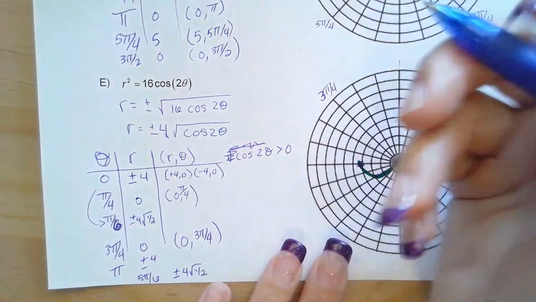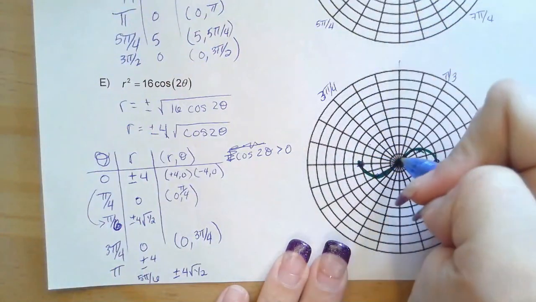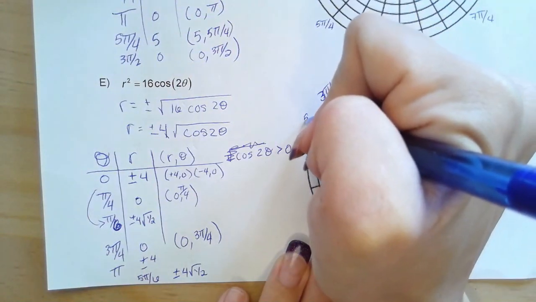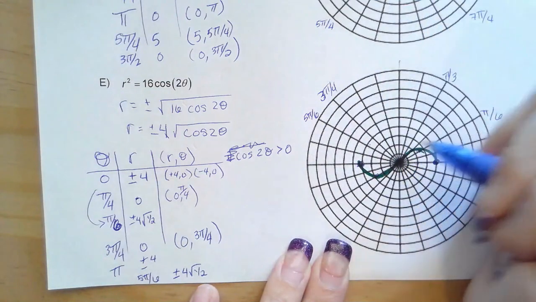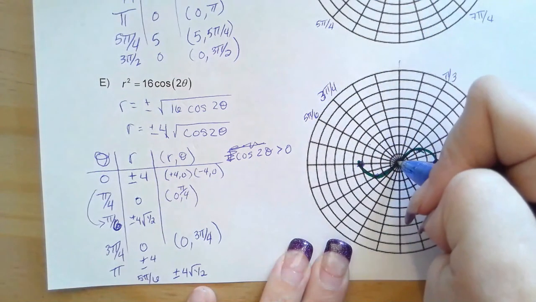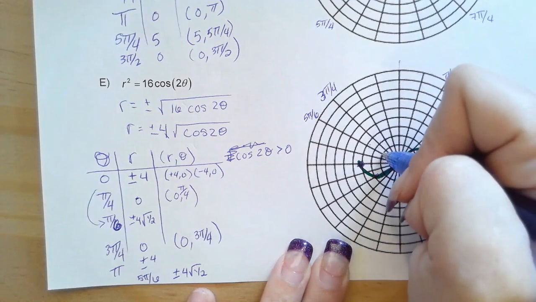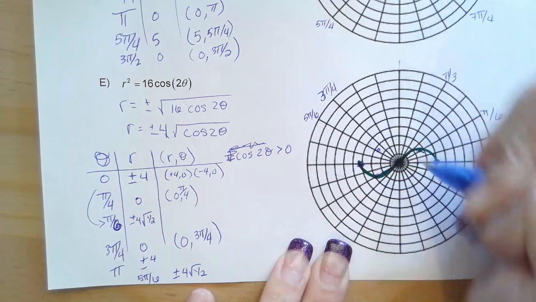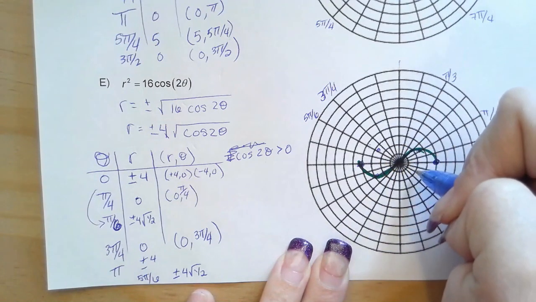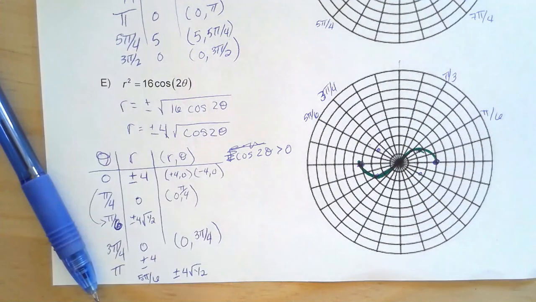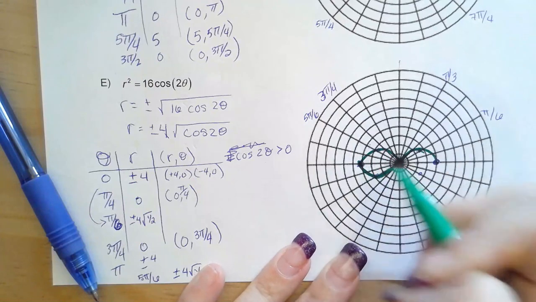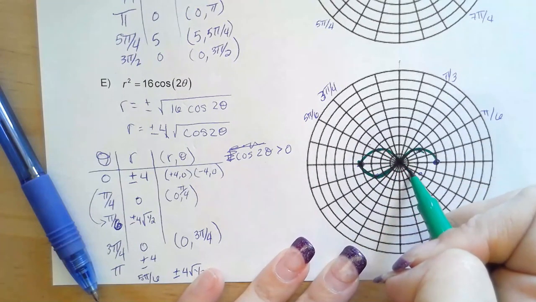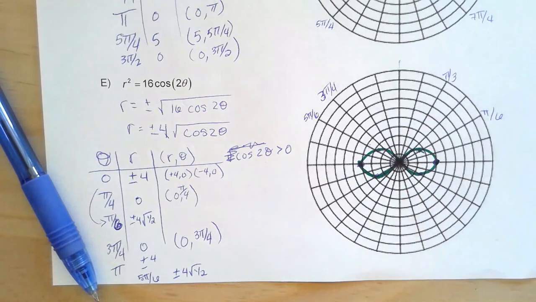Okay, so remember 5 pi over 6 was right here. And that was the 2 and a little bit more. So 1, 2, and a little bit more. And it also goes negative. So 1, 2, and a little bit more. And as you can see now, I can complete that knowing that I have this curve right here.